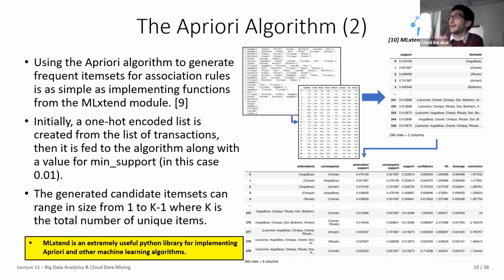But in general, in terms of a priori, going back to this subject, we have a set of data, transactions and products being bought. And from that, we create a one-hot encoded matrix. The one-hot encoded matrix is a set of true and false values, Booleans, and one-to-one encoding.